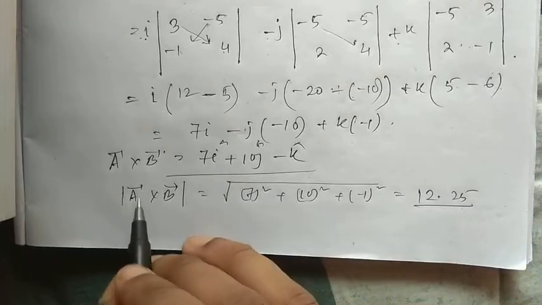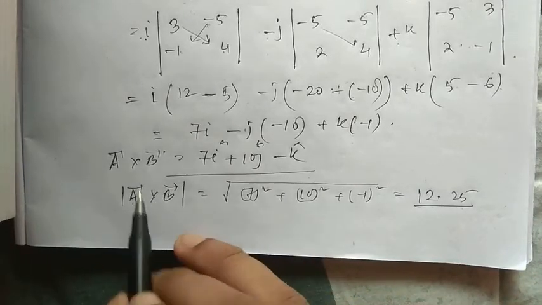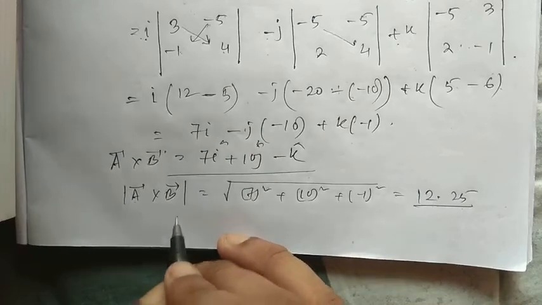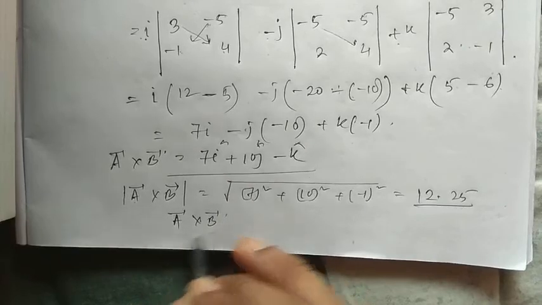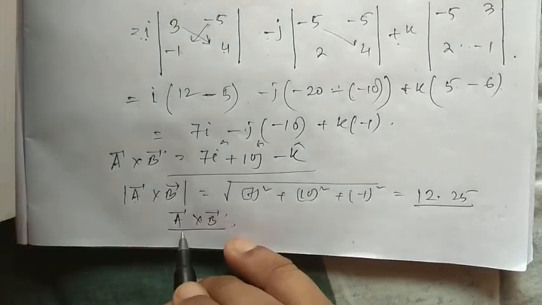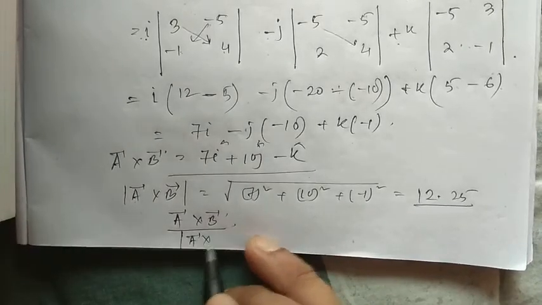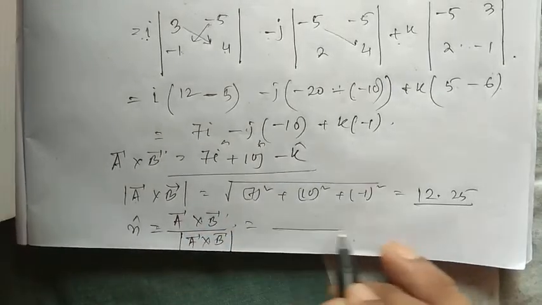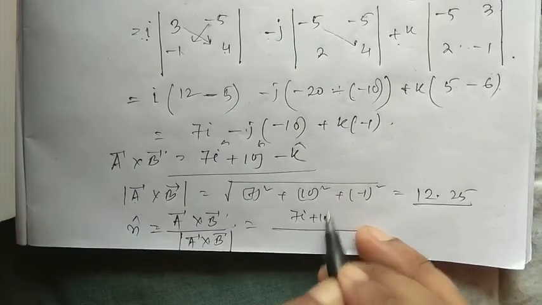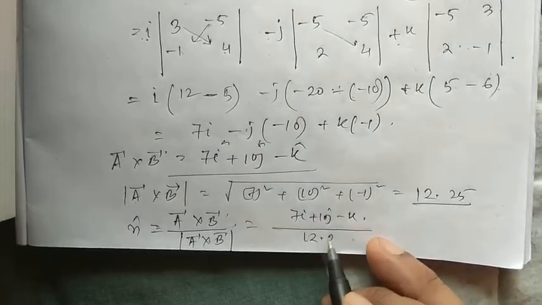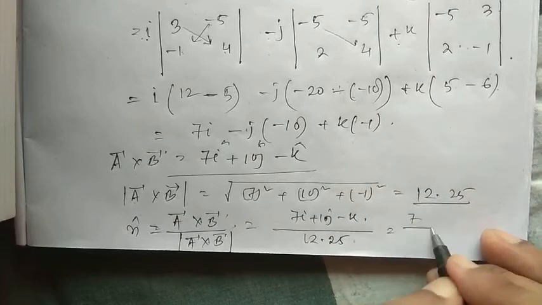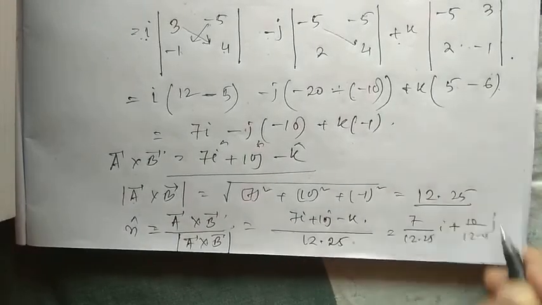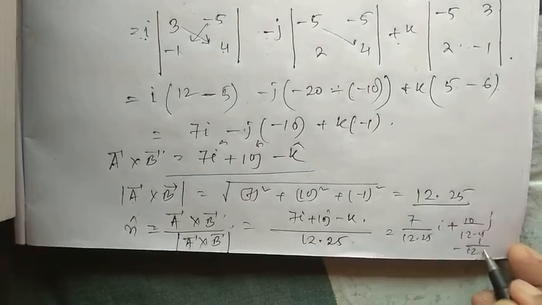And the unit vector along the A cross B direction is the vector divided by its magnitude, the n cap. It will be 7i plus 10j minus k by 12.25. So 7 by 12.25 i plus 10 by 12.25 j minus 1 by 12.25 k.